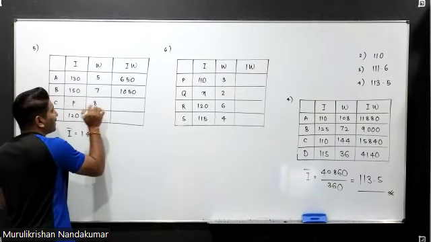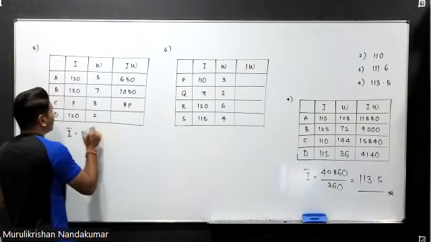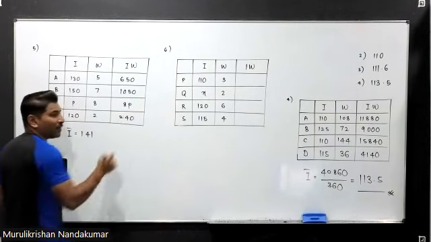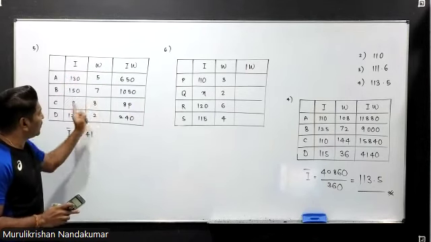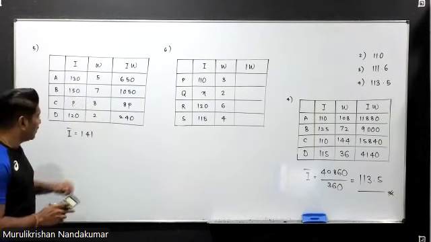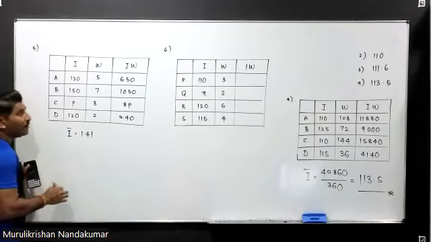Okay. P times 8 is 8P, you know, 8P. Understand? Whoever doesn't understand, tell sir. So just take and multiply, you get this.